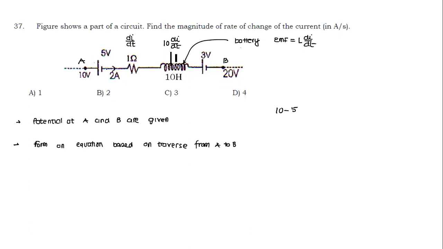Then since I'm moving along the current, again negative sign, minus 2 into 1. From here I'm going positive to negative, hence minus 10 into di by dt. I'm assuming it is increasing, so if the answer comes negative, it means current is decreasing. Then minus 3. I reach point B, which is equal to 20. So that's the equation we can form and you can easily solve.